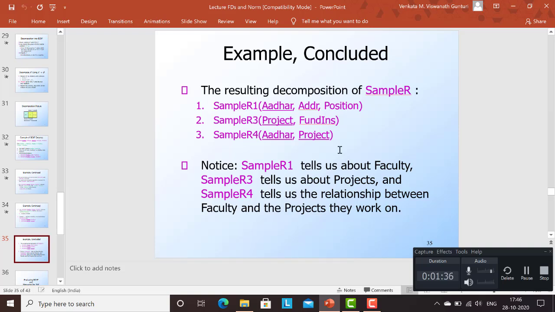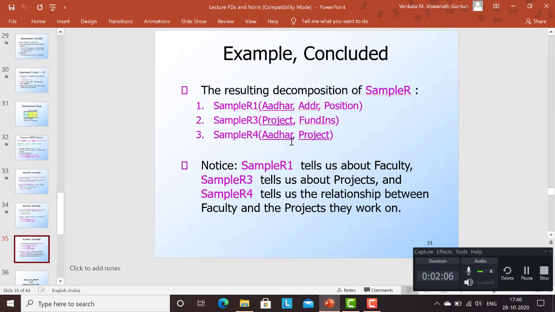Intuitively also you can see that this decomposition makes sense, although we arrived at this place algorithmically. If you see closely, the sample relation R1 is just details about the faculty: what is the Aadhaar number, what is the address, and what is the position in the department. R3 is all about projects: the project number and the funding institution, and if there were other attributes of the project, they would have also come here.